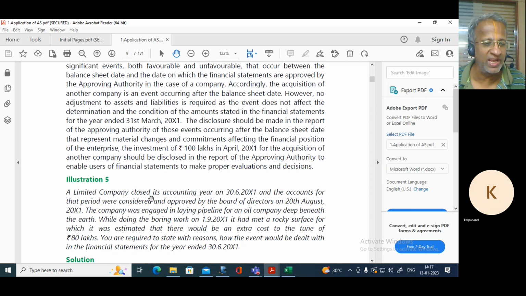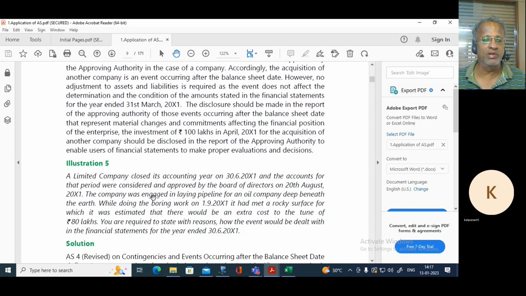Template is working. A limited company closed its accounts by 30th of June. Accounts for the period 20th of August, laying a pipeline of an oil company deep beneath the earth while doing the boring work on 1920X1. It met a rocky surface for which it was estimated that extra cost to the extent of 80 lakhs they will be incurring.